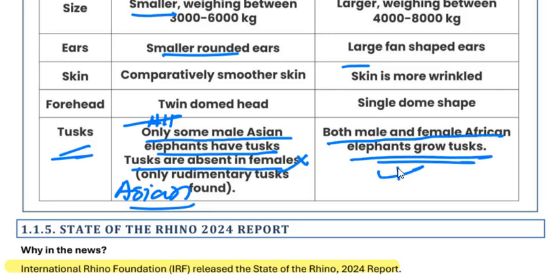This is the important point here, because if it is written that male and female can be distinguished from the tusk, this statement will be wrong. And in Asian also you cannot distinguish male and female with the tusk, because not all Asian elephants have tusk. So this is important.